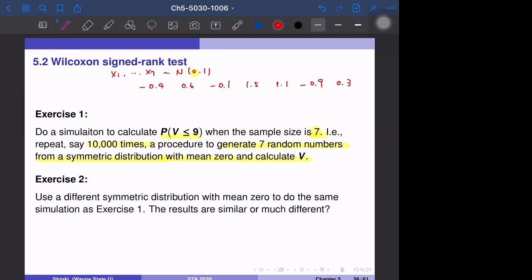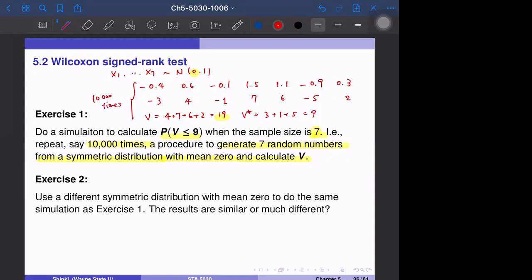If you ignore sign, this is rank 1, 2, 3, 4, 5, 6, and 7. Then think about sign: negative, negative, negative. In this case V is the sum of positive ranks: 4 plus 7 plus 6 plus 2, so this is 19. And V asterisk is the negative ranks: 3 plus 1 plus 5, so this is 9. And we repeat this 10,000 times.